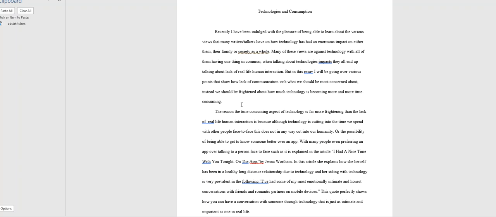Something quick that I want to point out, and when I graded this essay, I told the writer that they had strong ideas, but they tended to be a little bit wordy, meaning they had really long sentences, unnecessarily long sentences.